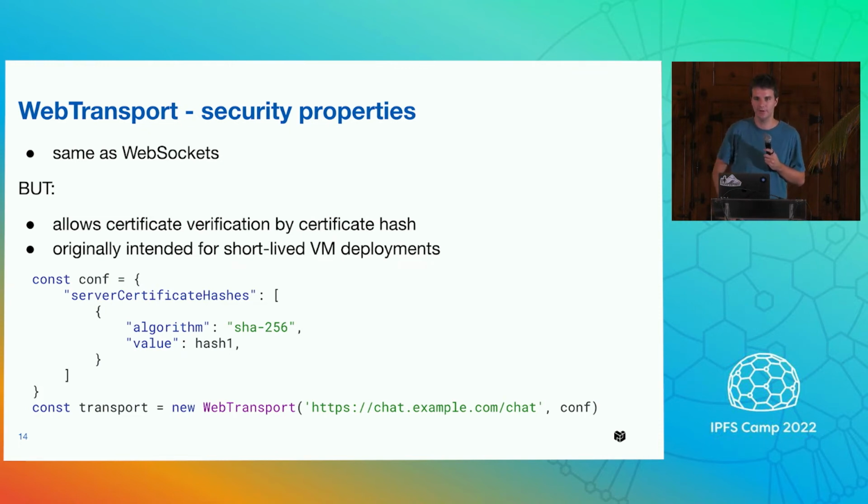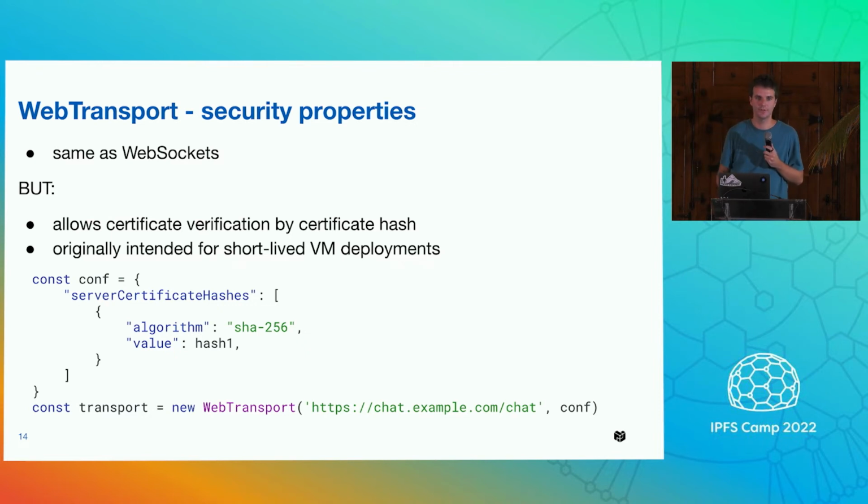They might not have a host name, and because they are so short-lived, it doesn't really make sense for them to get a TLS certificate. So what the W3C proposed as a browser API is that the browser could accept a certificate that is not signed by a CA if it knows the hash in advance.